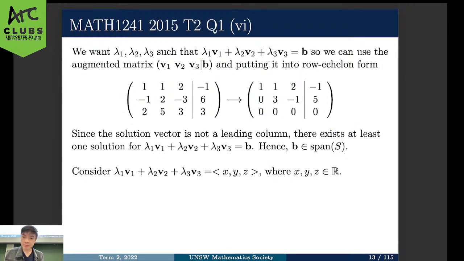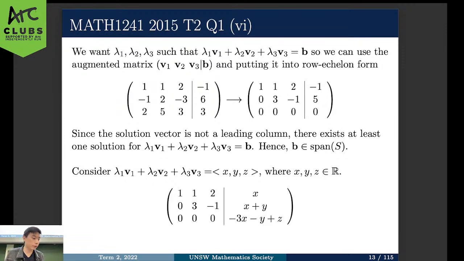So, how do we prove that it's a spanning set for all of R³? Essentially what we do is we take the linear combination and let it be equal to a generic vector which can represent any vector in R³. And then we put it into row echelon form as we have right here. And we look at the row with all zeros.